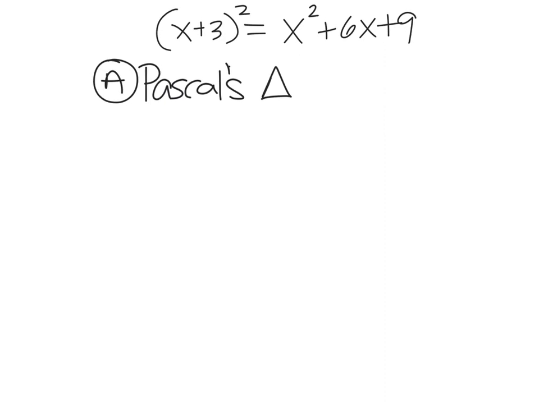Here we go. You start with a 1 up top, and then you have 1s on either side. And then here's how you generate it. You write a 1 first, and then you take the numbers above it, 1 and 1, you add those up, and you get 2, and then you write a 1 again.